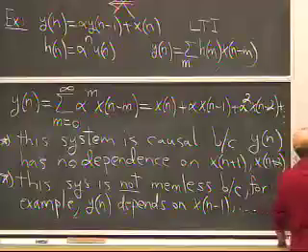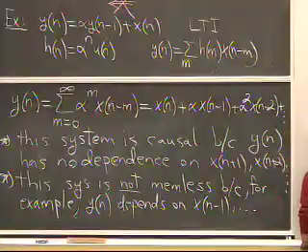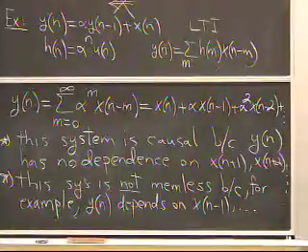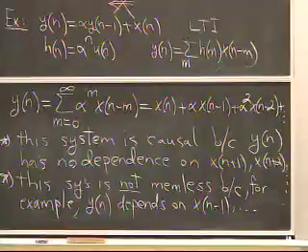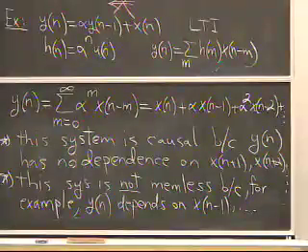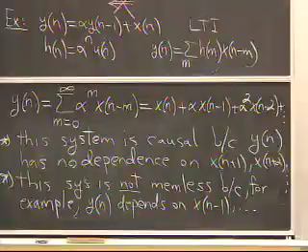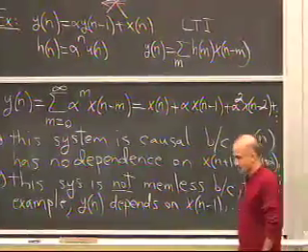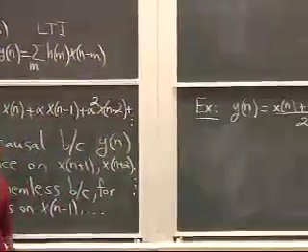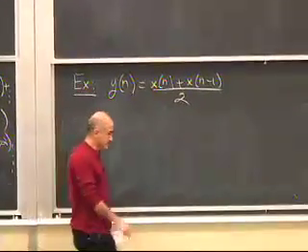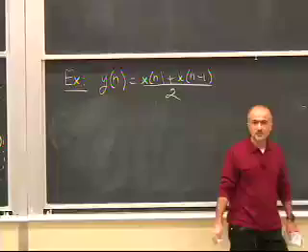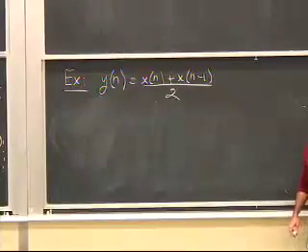Here's another example. y of n is x of n plus x of n minus 1 divided by 2, a 2-point averaging. We've dealt with this in the past. We've figured out its frequency response and analyzed it to death.